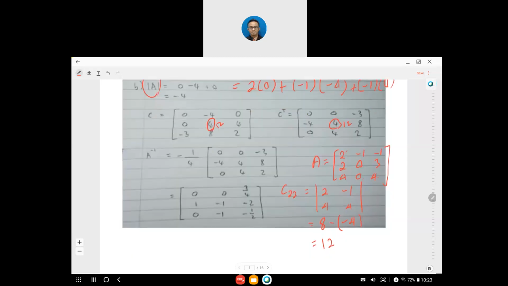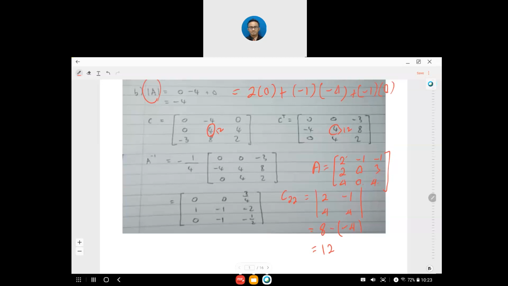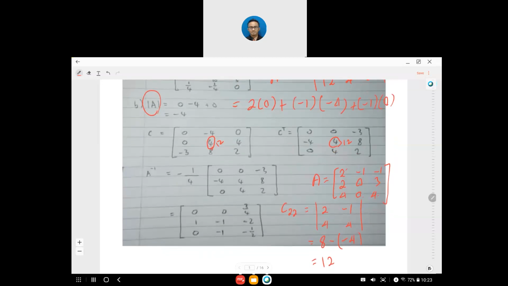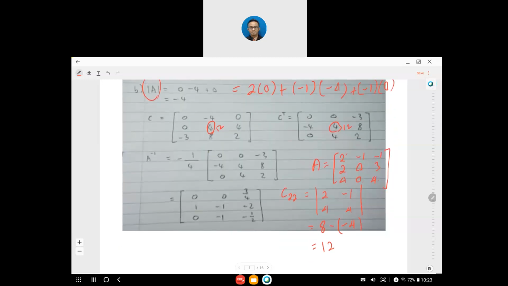Okay, so what did you get for the determinant? Supposedly 4, right? Why did you get negative 4? Supposedly the determinant you can get is 4, not negative 4. Okay? What is your value of determinant?